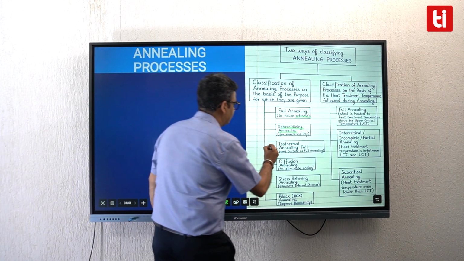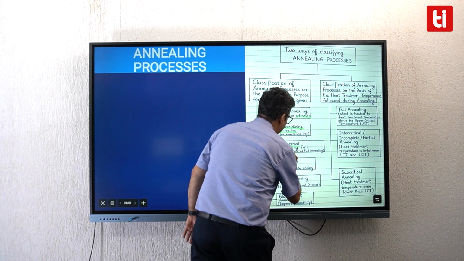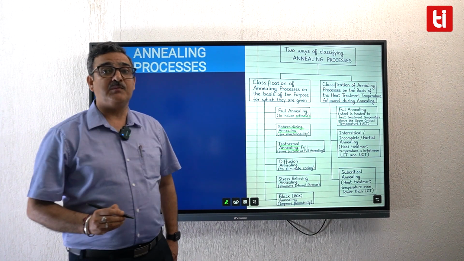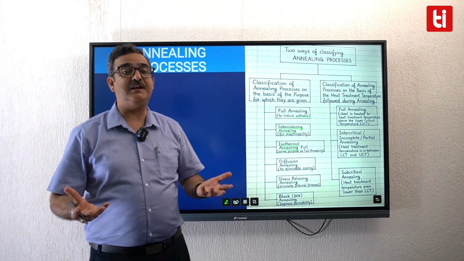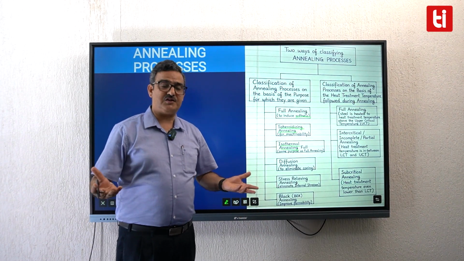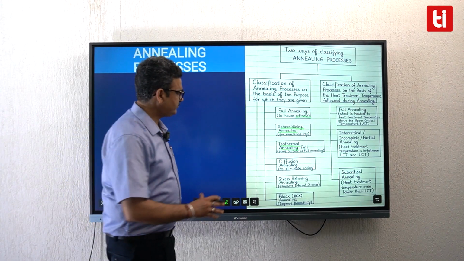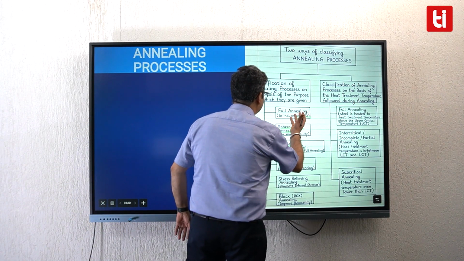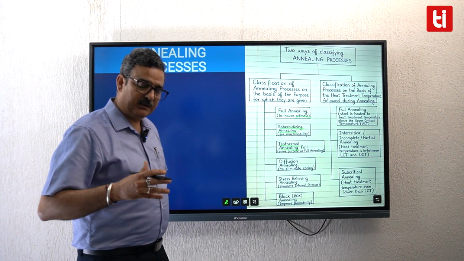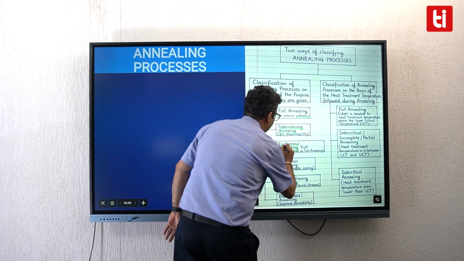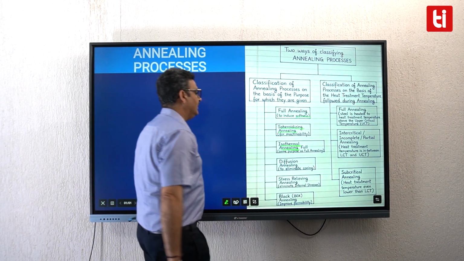Then we have another process which is called isothermal annealing, because full annealing is a good process, but it has some limitations. The amount of time that it takes to complete is very large, so very low productivity, right? So in order to improve upon this productivity angle, make the process quicker, more productive, instead of full annealing, you can go in for isothermal annealing.